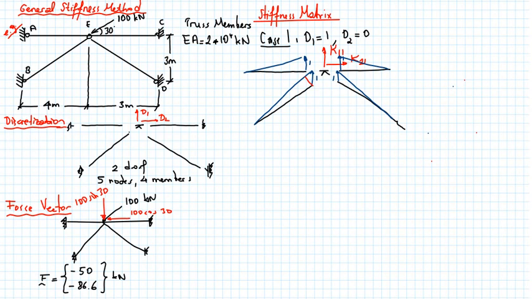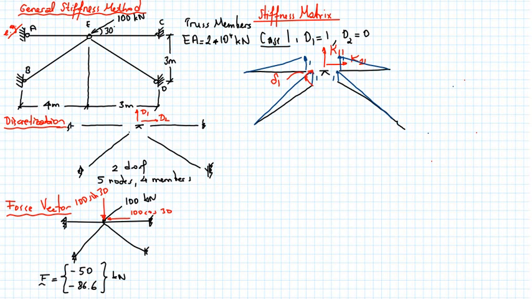So this one has a transverse component as well as a component along the element axis. So that's the displacement that I'm looking for. I call it delta 1. Delta 1 will cause elongation, and because of delta 1, we will see some axial force on this member.